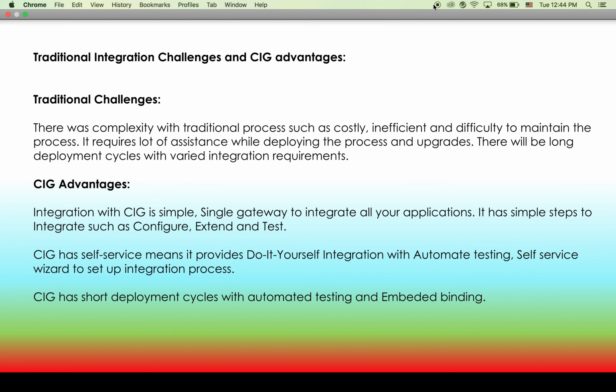So here, what are the traditional integration challenges and how does CIG address them? Traditional challenges: there was complexity with traditional processes, such as being costly, inefficient, and difficult to maintain. In the previous integration process, if you go to the batch file channel, we need to download the data and send the file from one system to Ariba.